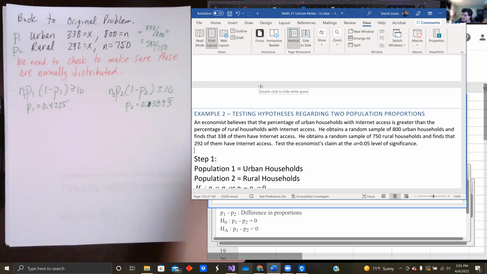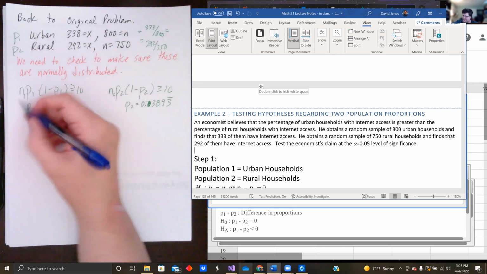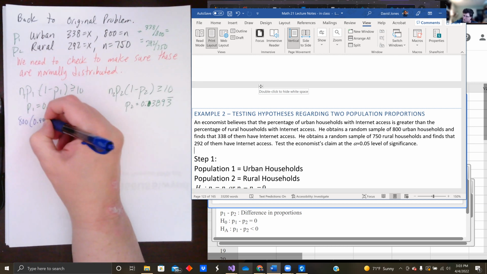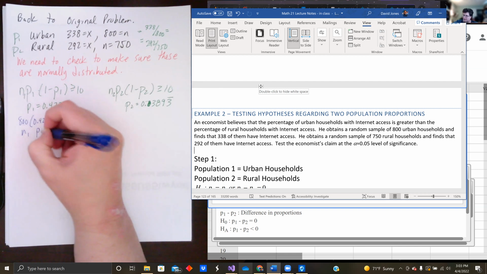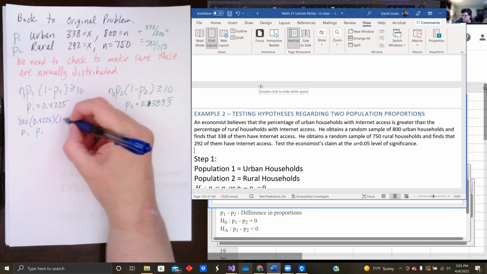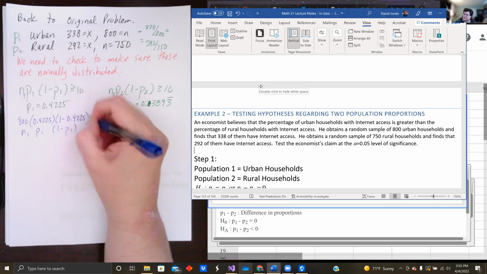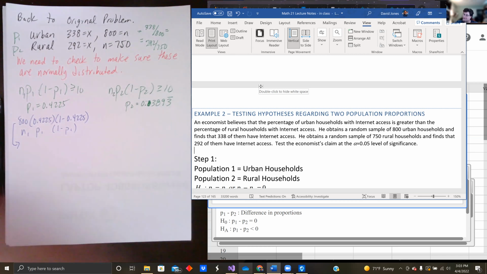All right, let's go through and do our test. P1, I had n was 800. So I have 800 times 0.4225. That's my n1 times P1. And then I need to do 1 minus P1, 1 minus 0.4225. I need to do this calculation and make sure that it's greater than or equal to 10.